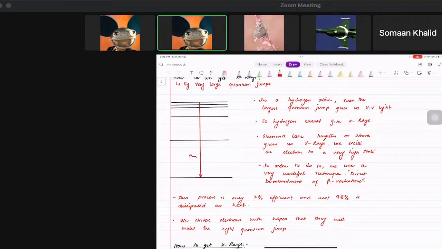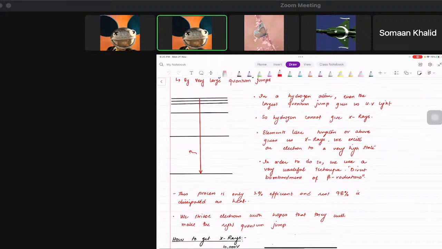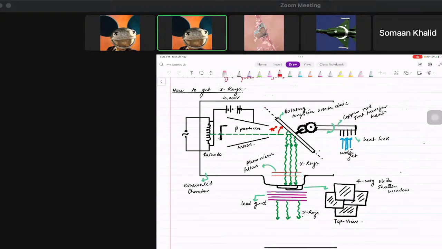I'm showing you so that you can see how it functions, and then we can write about it. Once upon a time I drew it by hand. Now you don't have to. I'll just explain it to you.